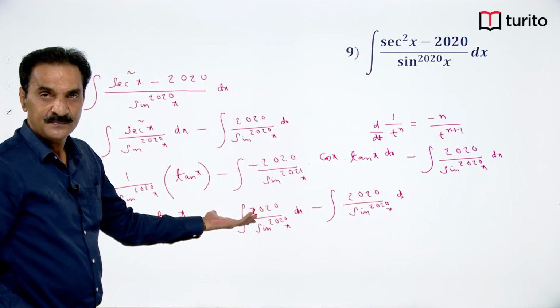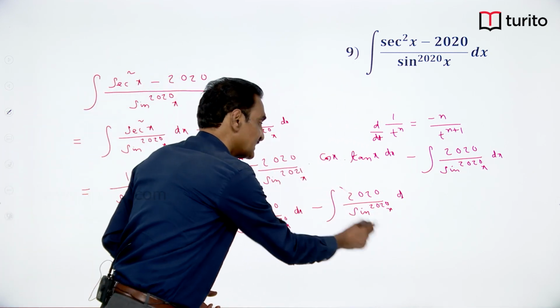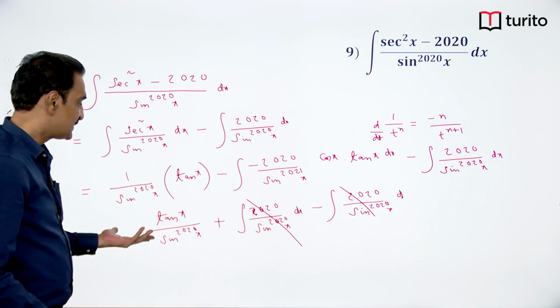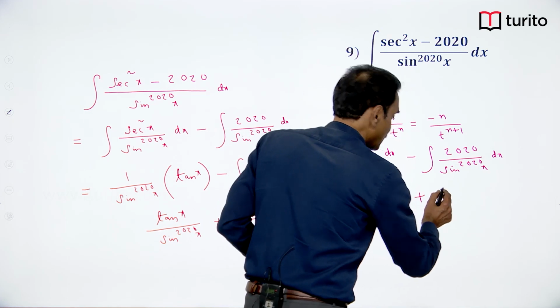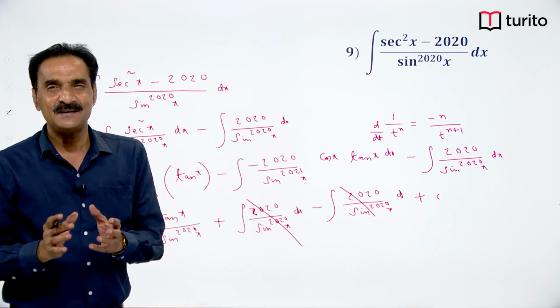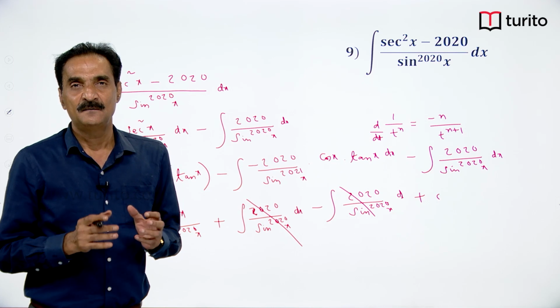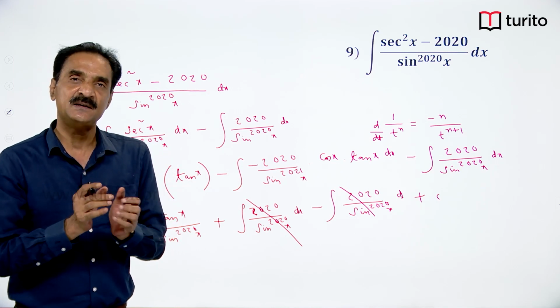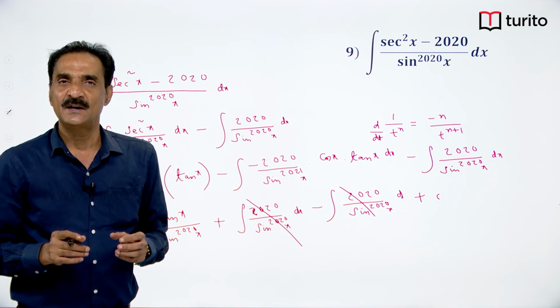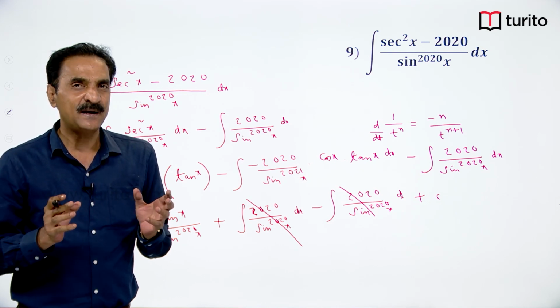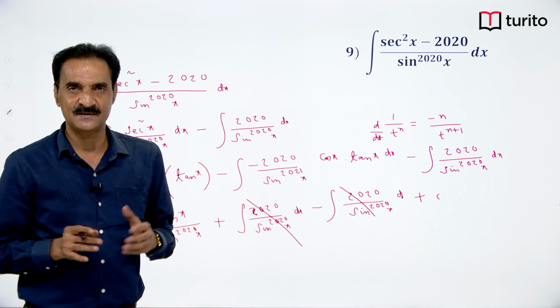Now, observe it, this and this will cancel. So, answer is this plus c. Okay? But this is very rare when the whole function contains only trigonometric terms or only algebraic terms. Okay? And applying integration by parts is a very rare case.